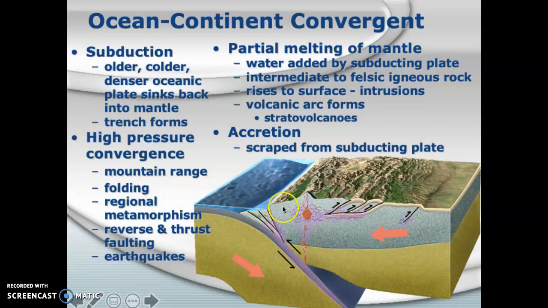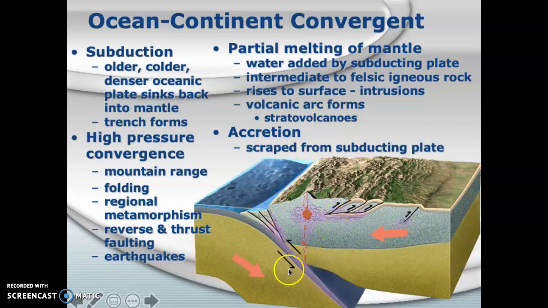We get folding and regional metamorphism depicted here in purple. We get reverse and what they call thrust faulting, which is just a special type of reverse fault that has a very low angle where one side thrusts up and over the other. We still have our accretionary wedge right here that's got material scraped off the subducting plate.